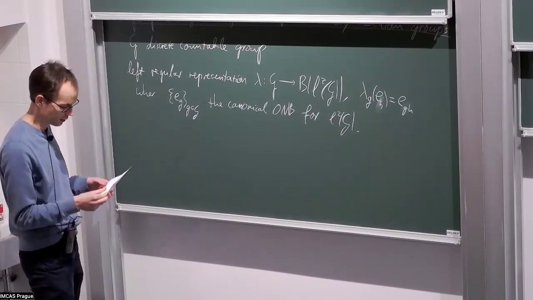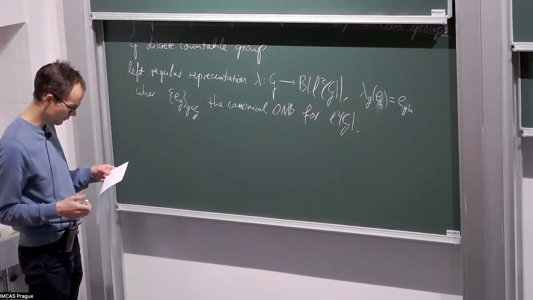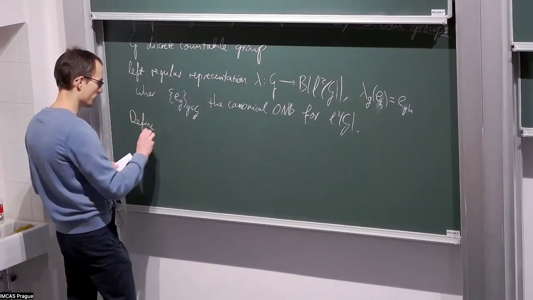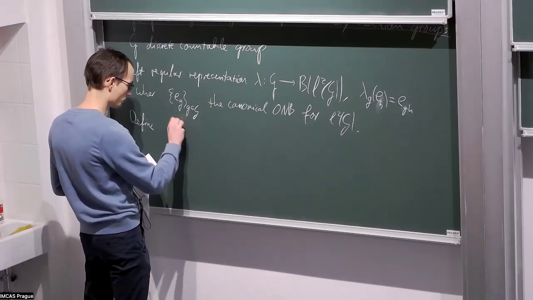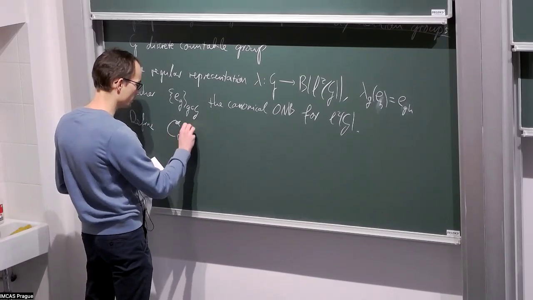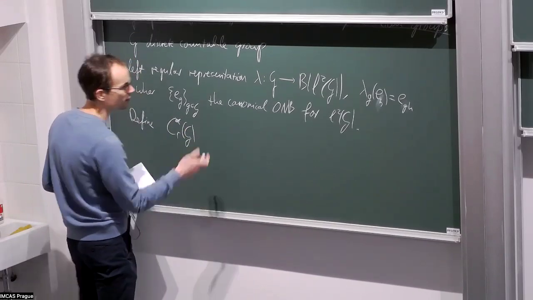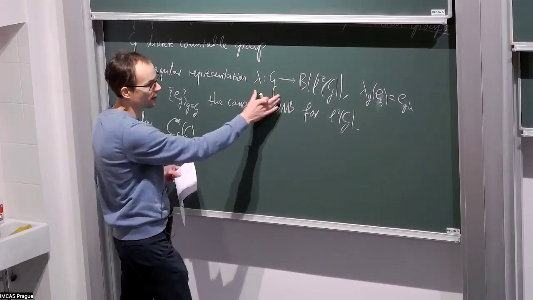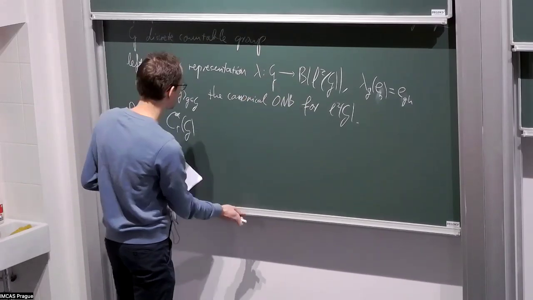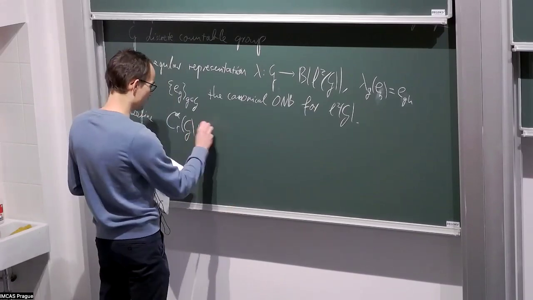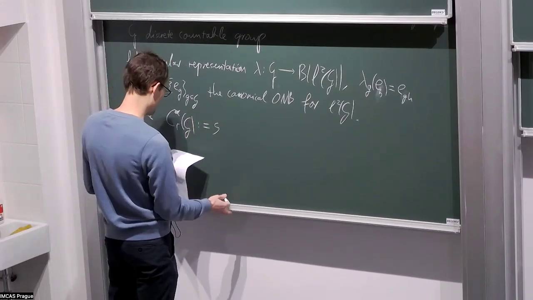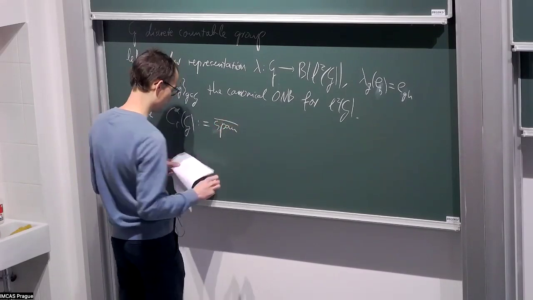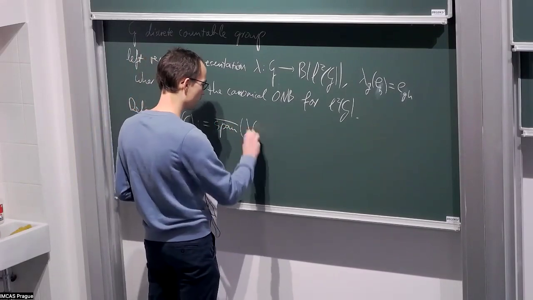I would assume everybody has seen that before at some point. Now we define a C-star algebra, basically generated by the image of lambda inside B of L2 of G. Actually, it's enough to just take the closed linear span of the image of lambda.